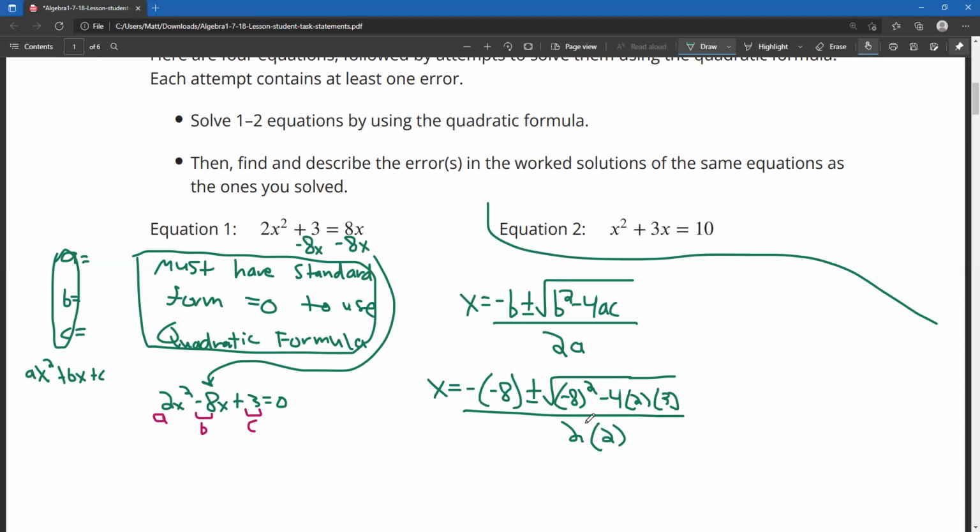All right, let's start to simplify. Negative negative 8 is just positive 8. So 8 plus or minus, negative 8 squared is 64, minus 4 times 2 times 3, so 4 times 6, so minus 24.